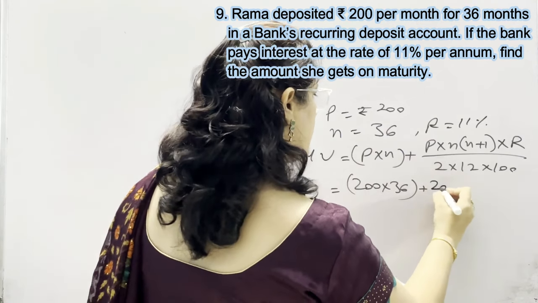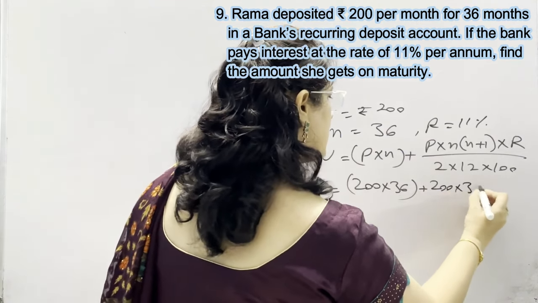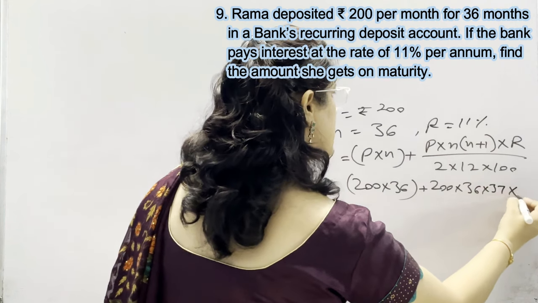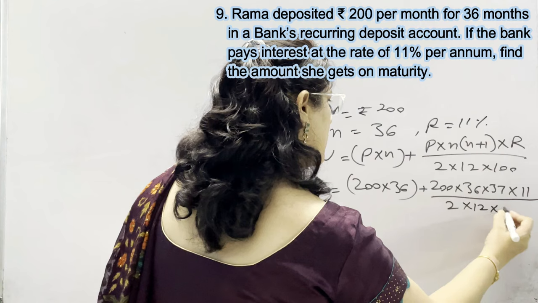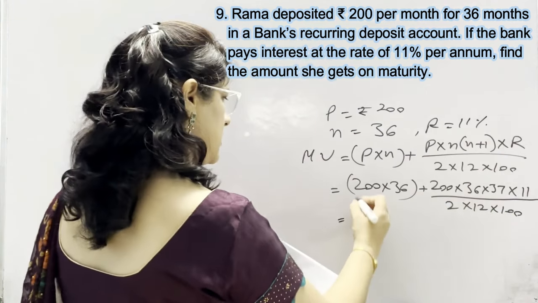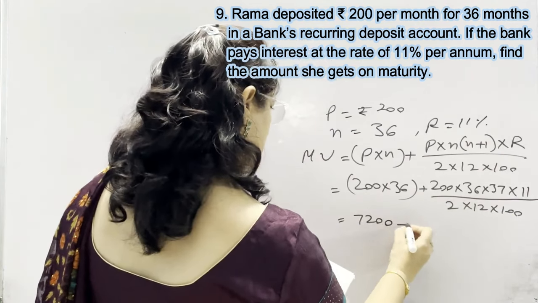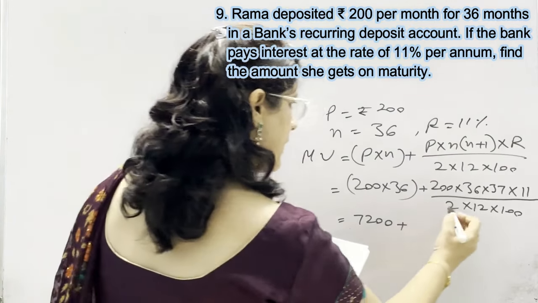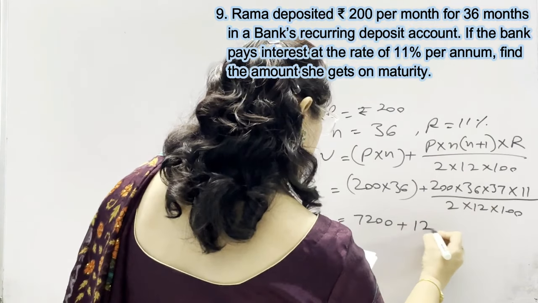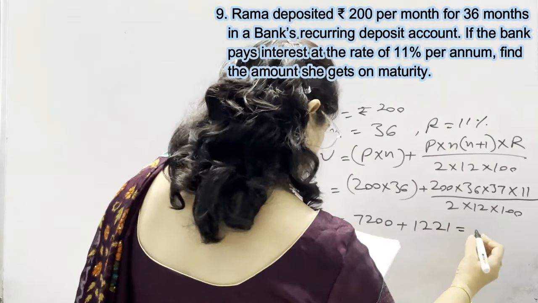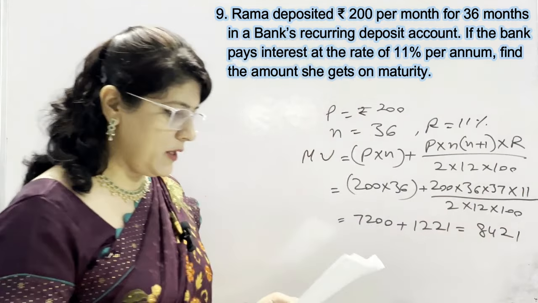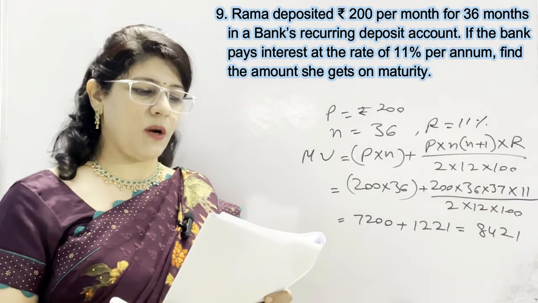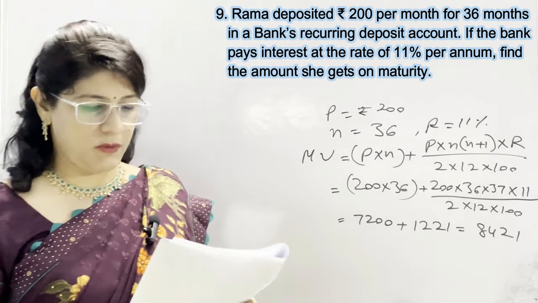Now P is 200, N is 36, N plus 1 is 37, rate is 11 divided by 2 into 12 into 100. Now this value is 7200 plus, after cutting this, 1221. It means total value is 8421. So maturity value is 8421, which Rama will get after 36 months.